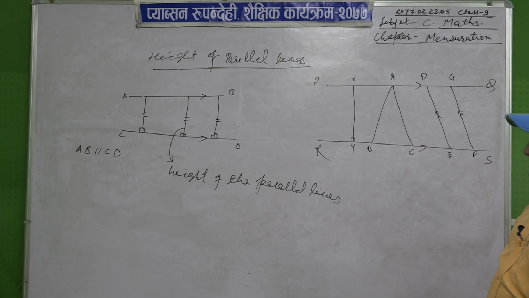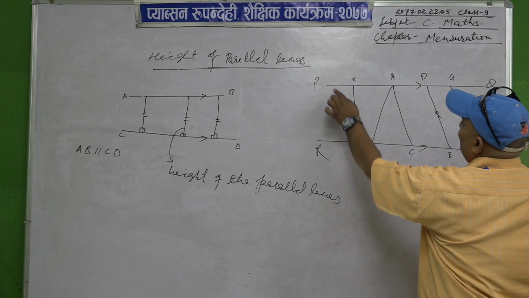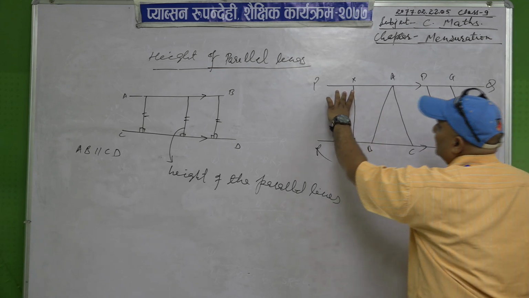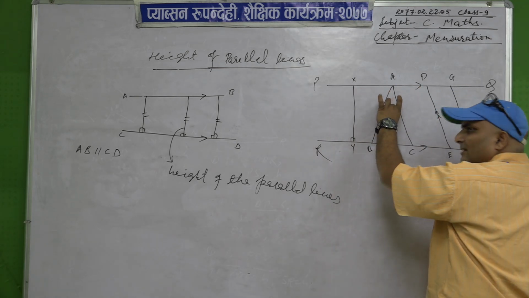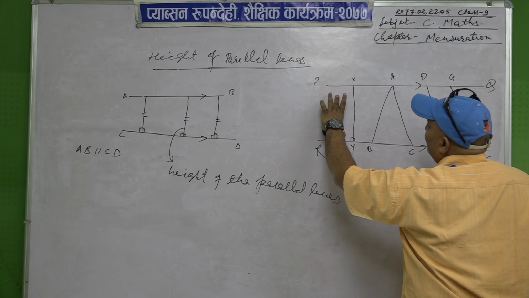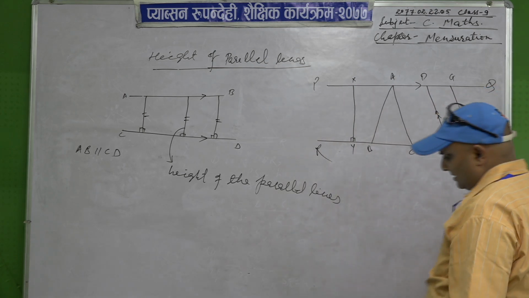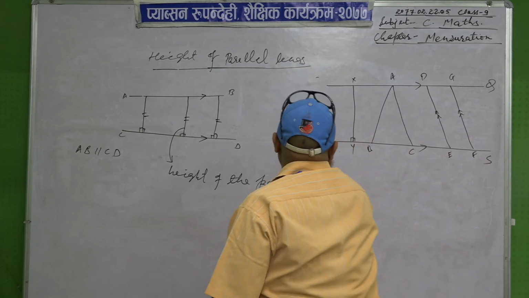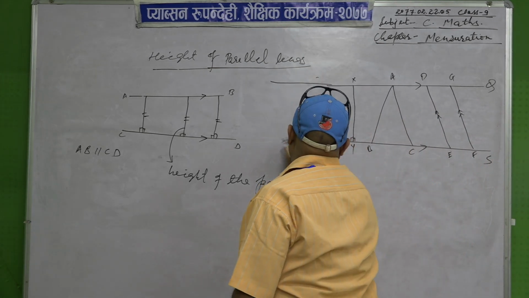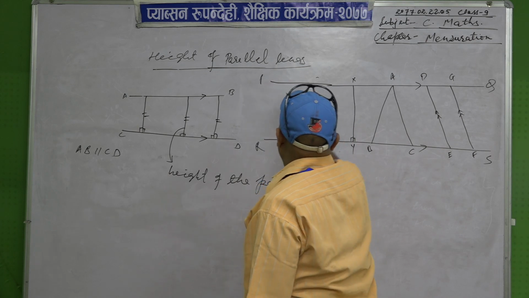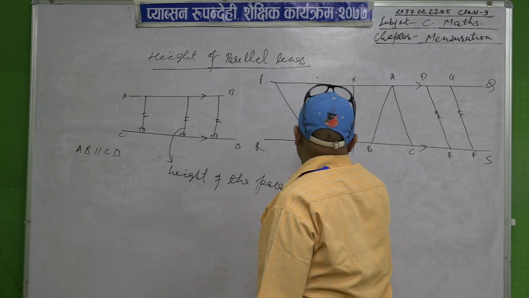Okay. This is the height of these parallel lines. Now, you should know that this height will be the height of this triangle. This height will be the height of this parallelogram or any figure which is inside these parallel lines. Suppose another triangle is here.